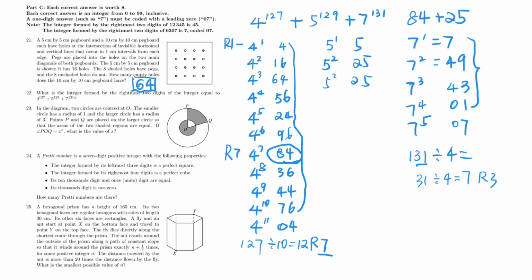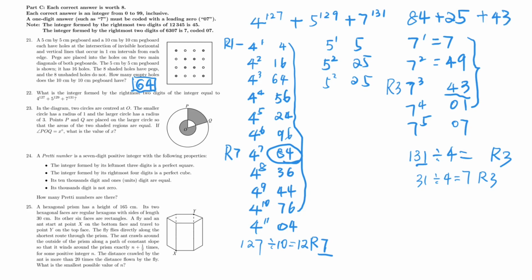So 131 divided by 4 has remainder 3. Remainder 3 is the same as 7 to power 3. So 7 to the 131, the last two digits, that's 43.